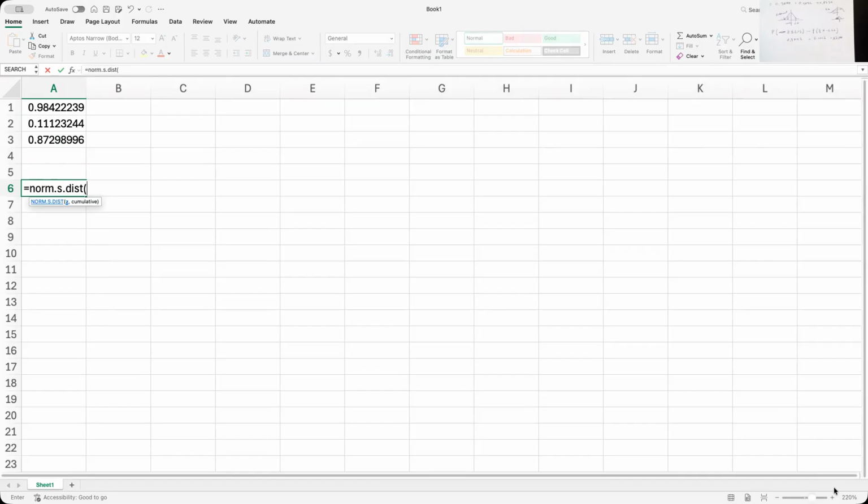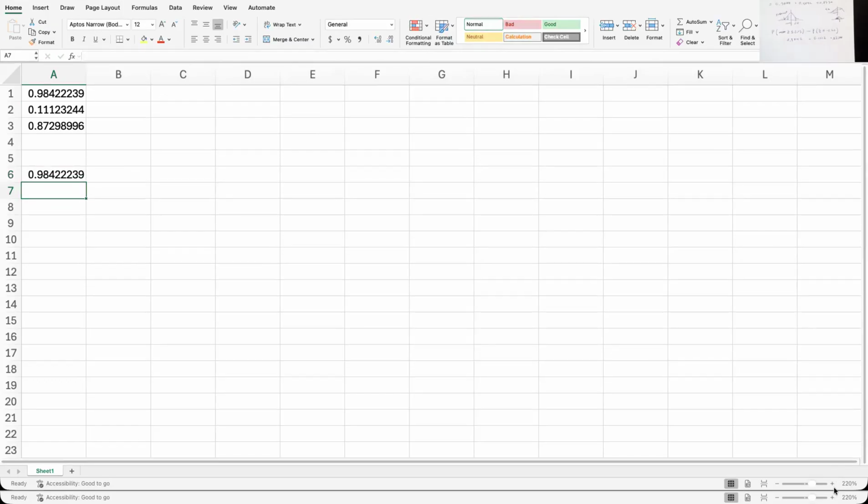Then all I need to give it is the x value, 2.15, comma true. Same value, different command to get there. Make sense? Lots of different ways to access the same information. But I need to know how to use it.